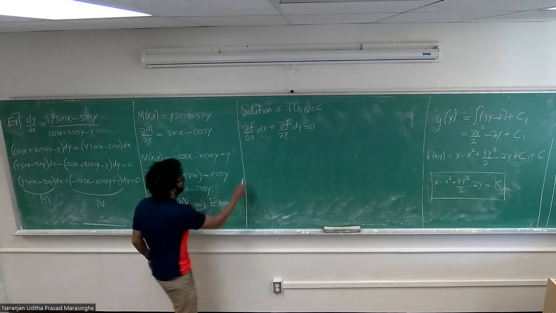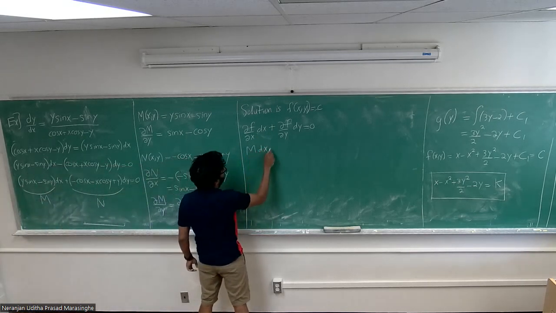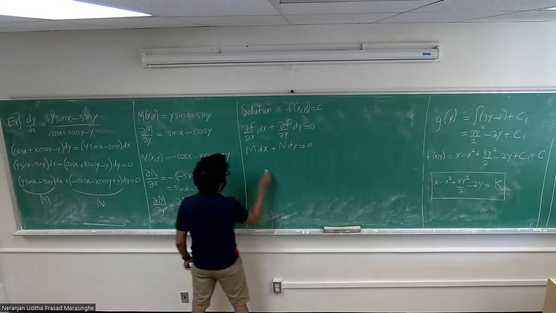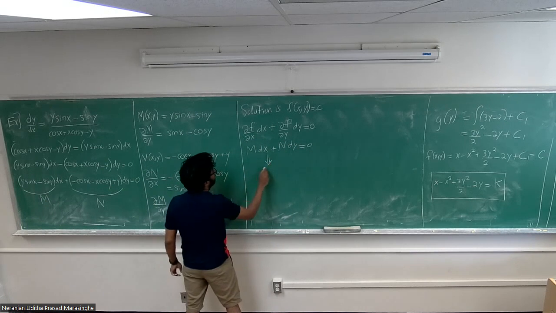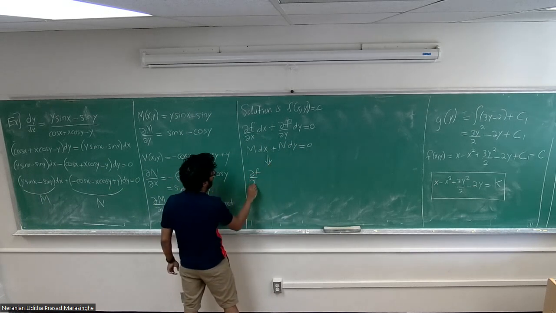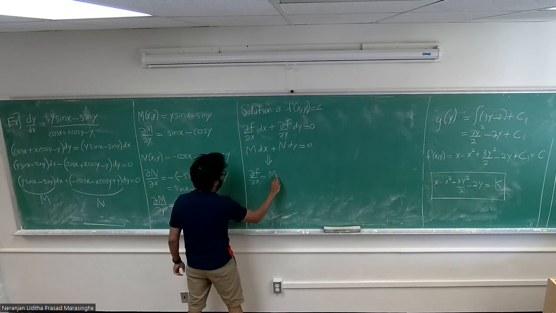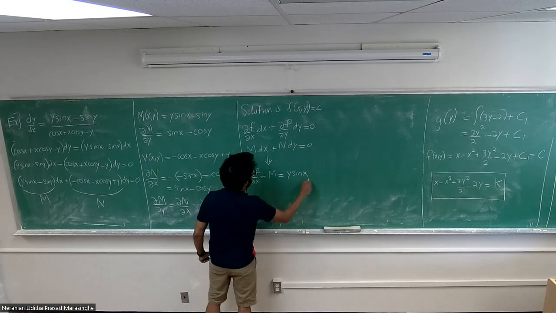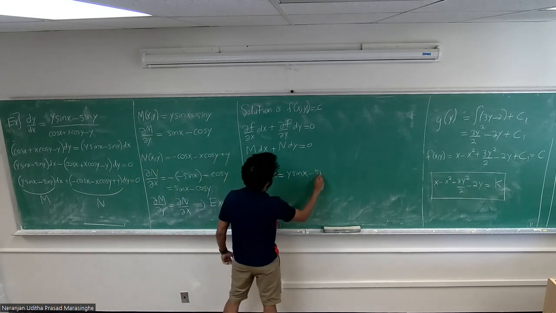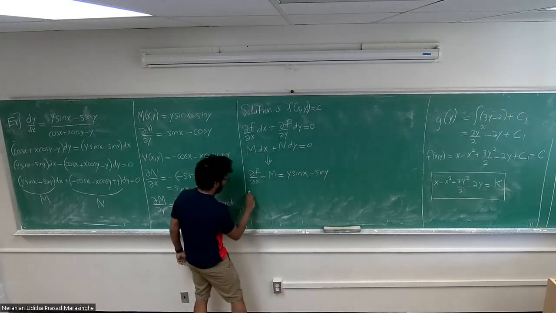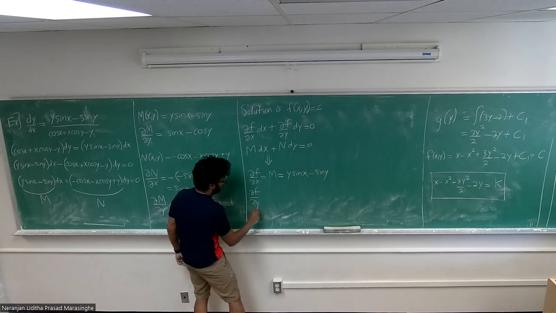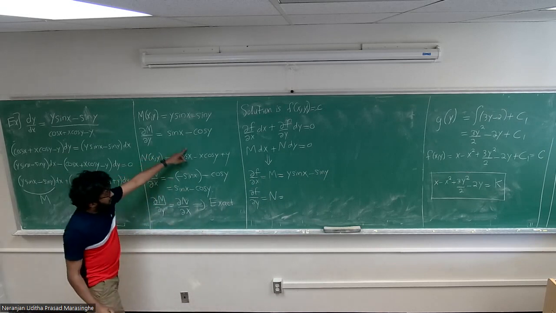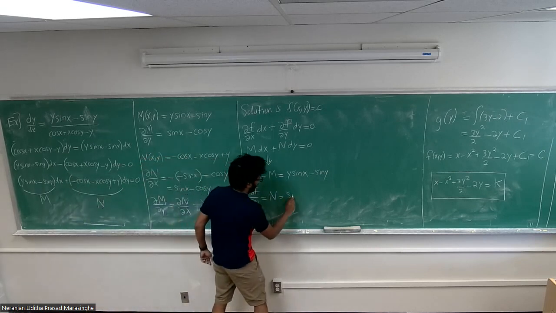On the other hand, I have M dx plus N dy equal to 0. So this would imply that del f over del x is equal to M, which is equal to y sine x minus sine y. And del f over del y is equal to N, which is equal to sine x minus cosine y.